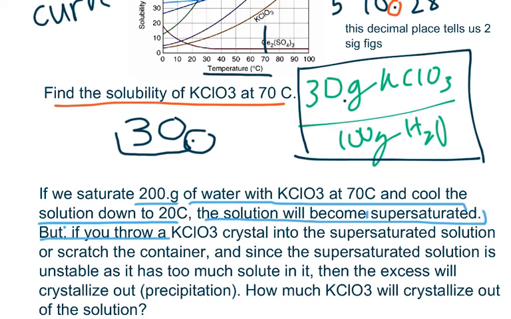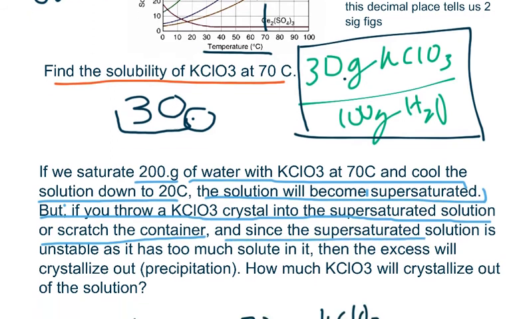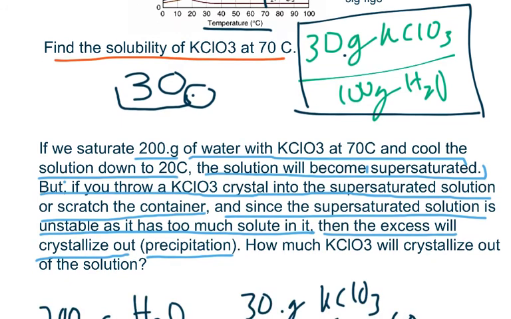But if you throw a KClO3 crystal into the supersaturated solution, or scratch the container, and since the supersaturated solution is unstable as it has too much solute in it than allowed normally, then the excess solute will crystallize out and precipitate. Now, if this happens, how much KClO3 will crystallize out of the solution?